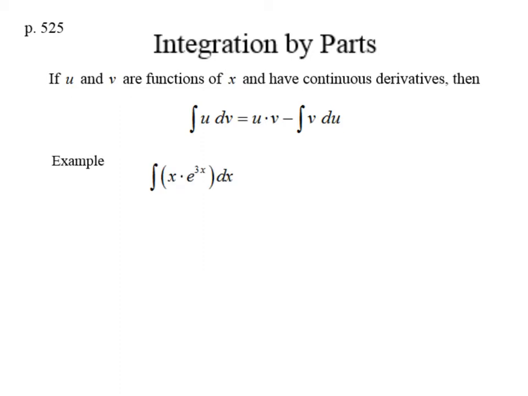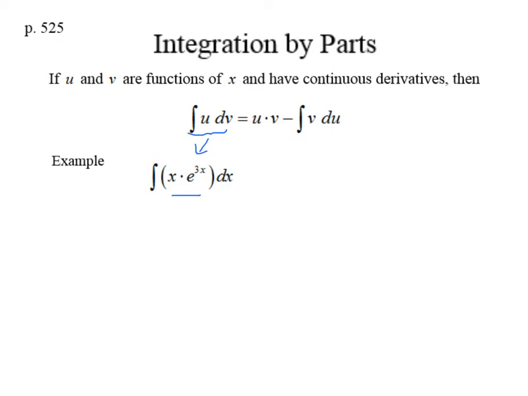So here we have the example we were looking at before. And what we need to do, okay, this piece of the rule is the integral we're starting with. And we need to figure out which part of the integrand we have here is going to be the u and what's going to be the dv. What you want the u to be is some function that you can take the derivative of.